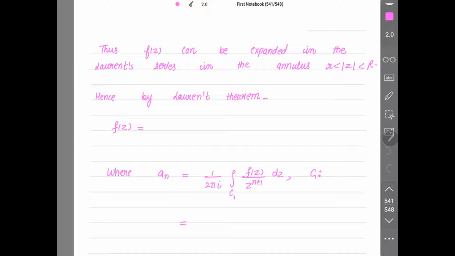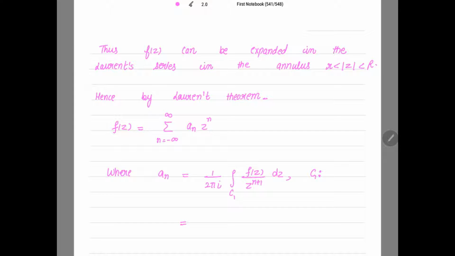Hence, by the Laurent's theorem, we know that f(z) is equal to the summation n going from minus infinity to infinity of a_n z to the power n. We also know that the coefficient a_n is equal to 1 over 2 pi iota, integration over C1 of f(z) over z to the power n plus 1 dz, in accordance with the Laurent's theorem.